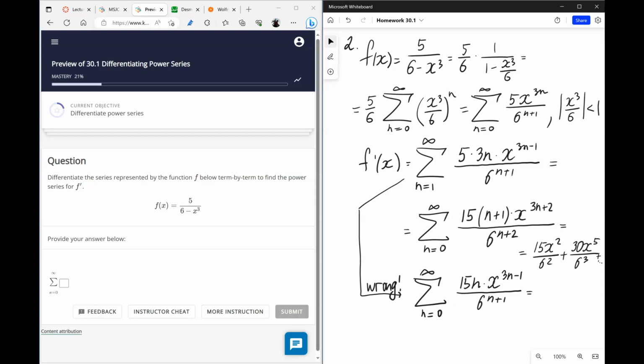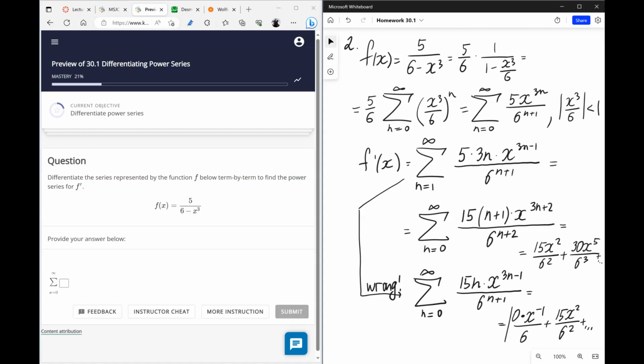And what we have here is, let's take a look. When n is 0, we have x to the power -1 over 6. But luckily we have this 0 coefficient here, so it's gone. Plus, when n equals 1, we have 15x squared over 6 squared. And now you can see how it matches up, right?